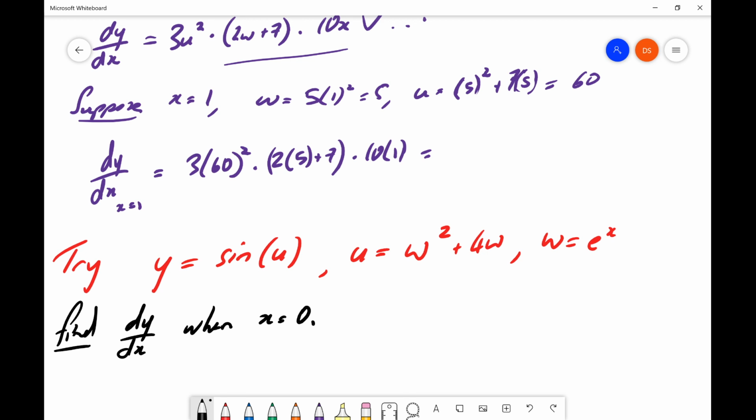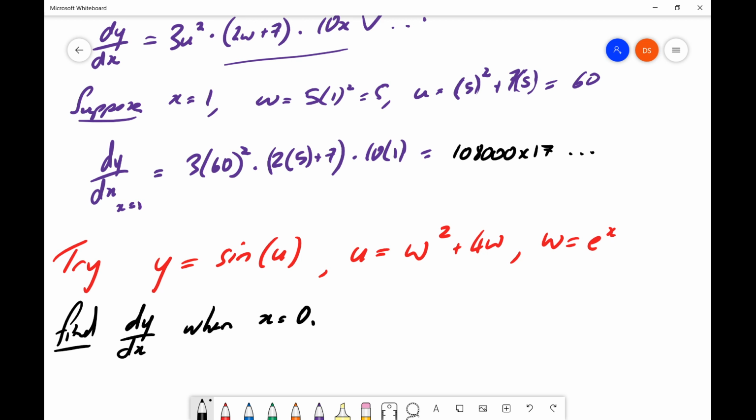This is going to be 60 times 60 is 3,600. 3,600 times 3 is 36 times 3 is 108, 10,800, 10,800 times 10 is 108,000, 108,000 times 17. I don't know what that is, right?